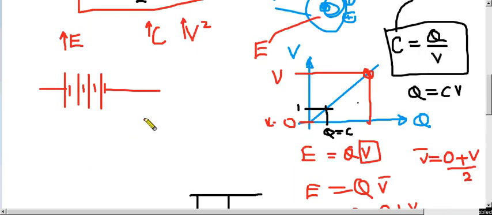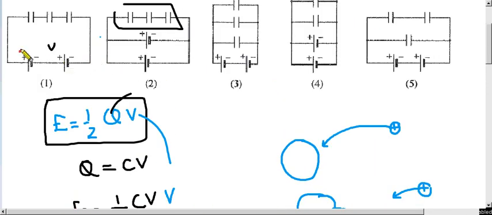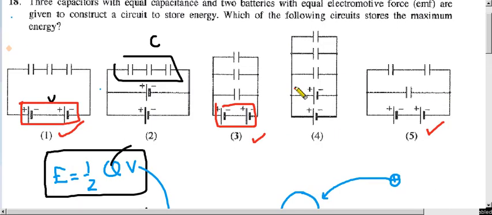So this one is correct, batteries connected in series. This one is wrong because batteries are connected in parallel. This one correct, series. This one wrong. This one again connected in series, correct. So the story about the battery is done.